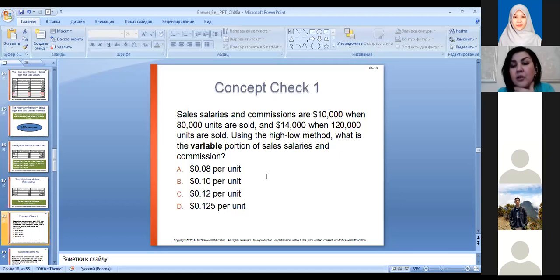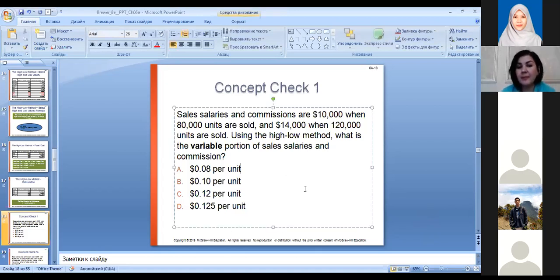Okay, let's calculate this. Muhammad, Salma, Alfian, Ani, Farah, Anisan. Let's calculate using the high-low method.